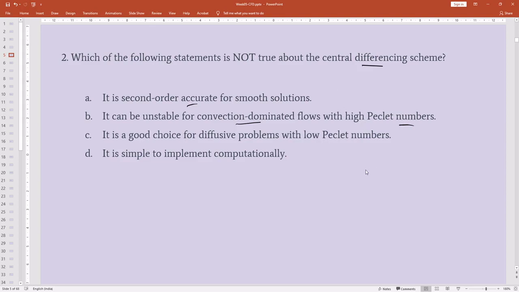The Peclet number is a dimensionless number, similar to those we have in fluid dynamics. Here, it is defined for a particular cell, because we are dividing our computational domain into different cells. So in CFD, the Peclet number is mostly called the cell Peclet number.